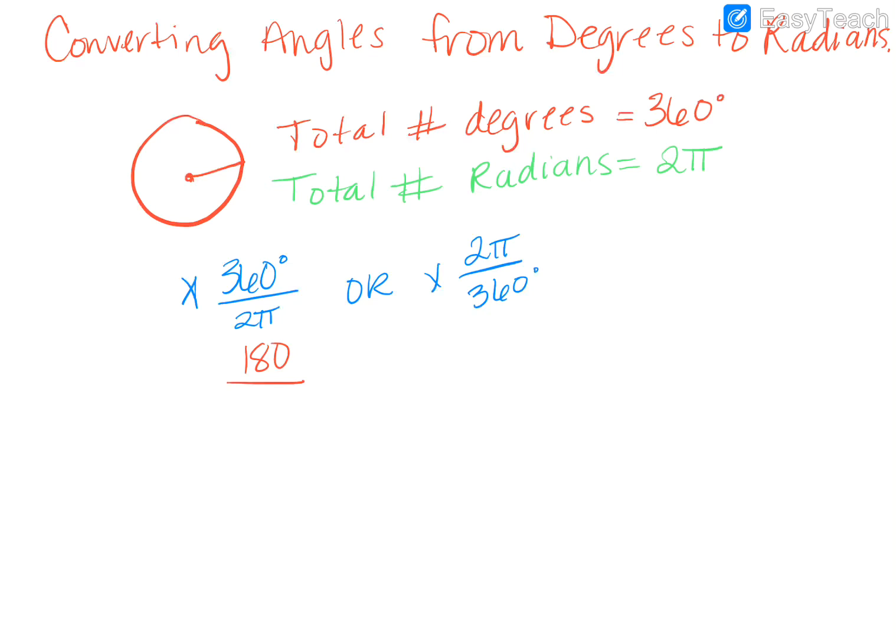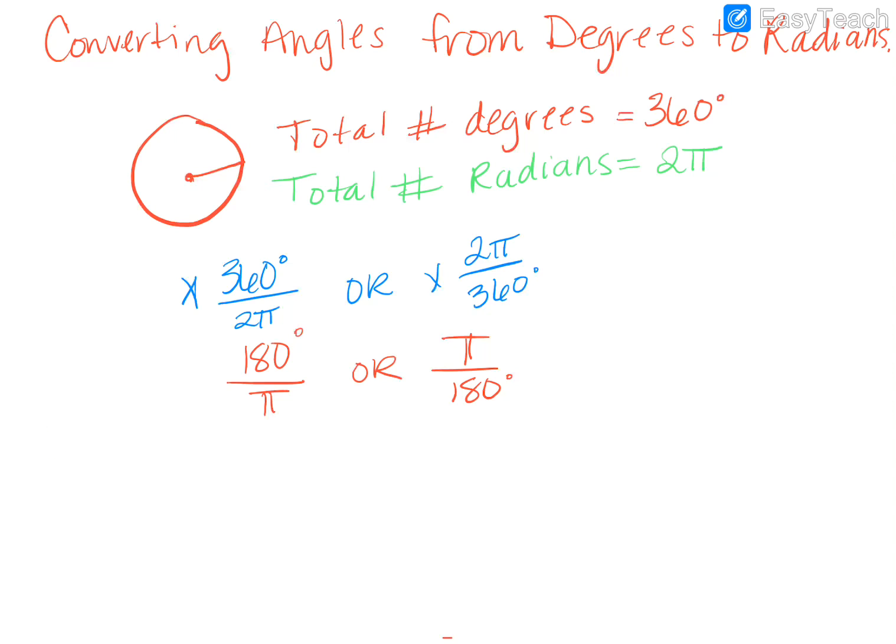And 2 pi divided by 2 is just pi. Oh, I'm doing that wrong. Whoops. So it's just pi over 180. And those are degrees. So that's what we're going to multiply by to get from one measure of an angle to the other measure of an angle.